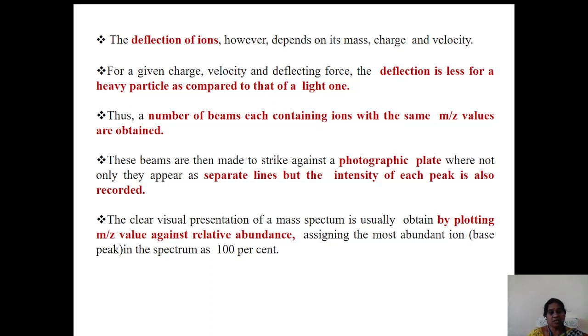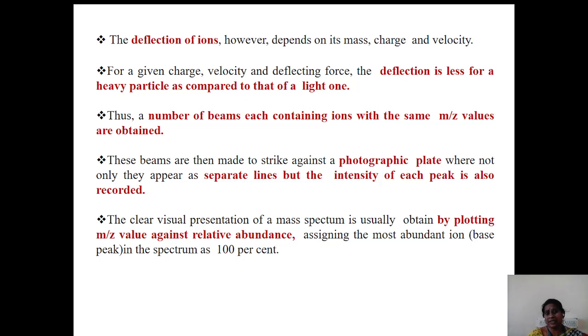For a given charge, velocity and deflecting force, the deflection is less for a heavier particle as compared to a lighter one. Thus, a number of beams, each containing ions with the same mass to charge value, are obtained.